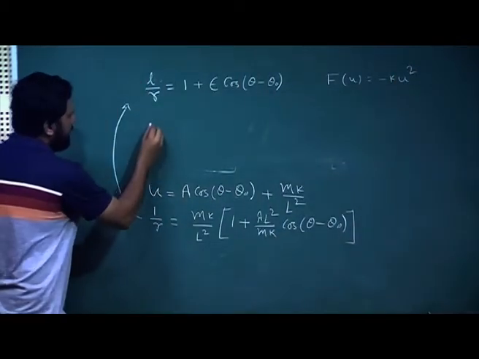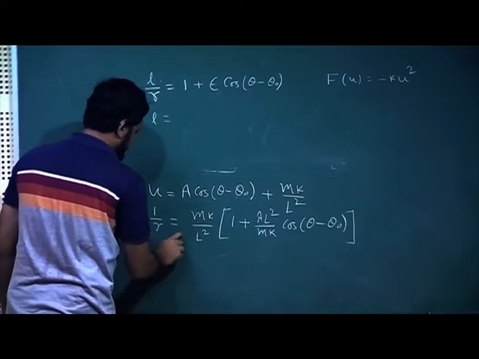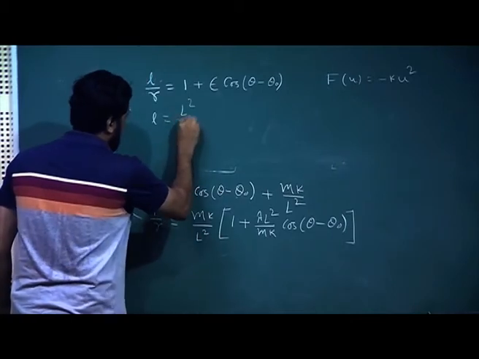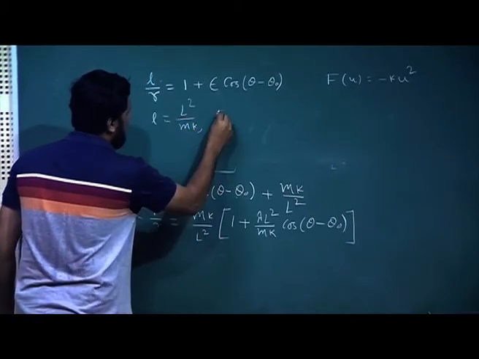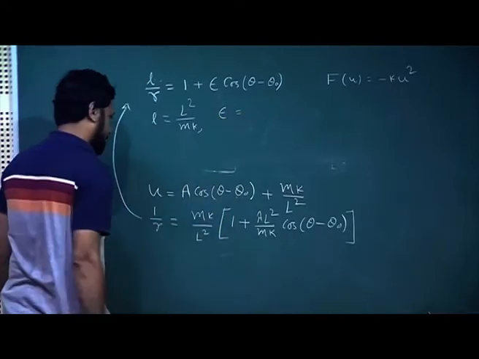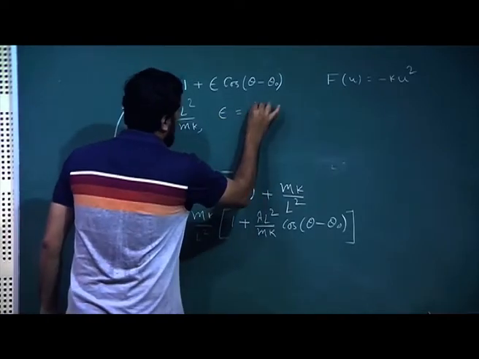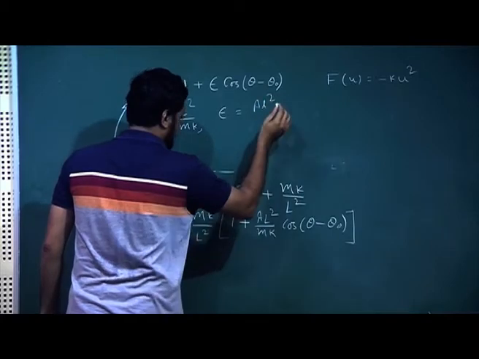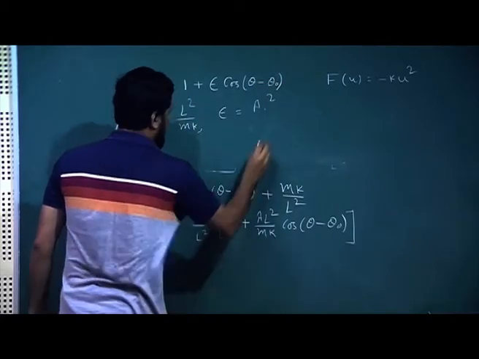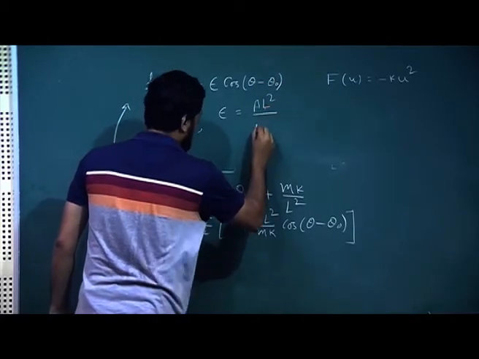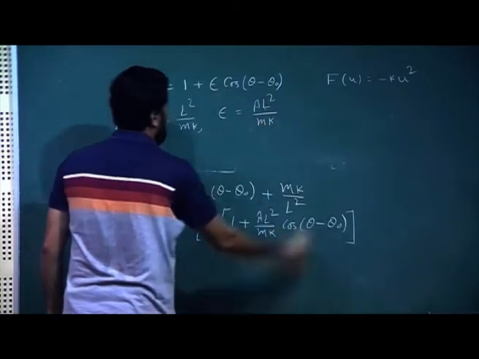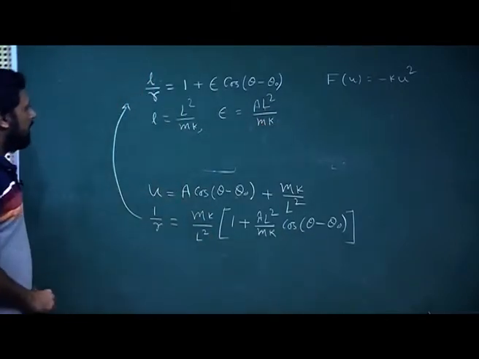Let it be here, where L is equal to nothing but L square by m k, and epsilon is equal to a L square by mk. Okay.